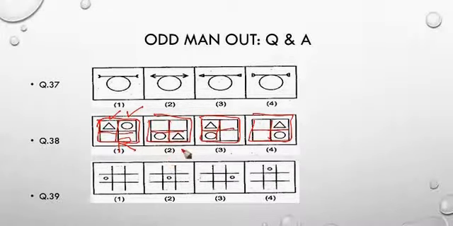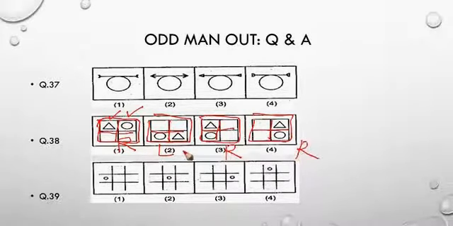In problem figure 2, the circle is on the left side of the triangle. In case of problem figure 3, we find that the circle is on the right side of the triangle. Now check in case of problem figure 4, the circle is on the right side of the triangle.